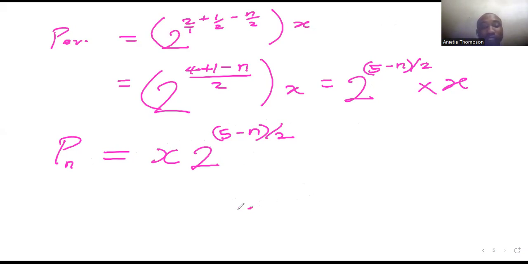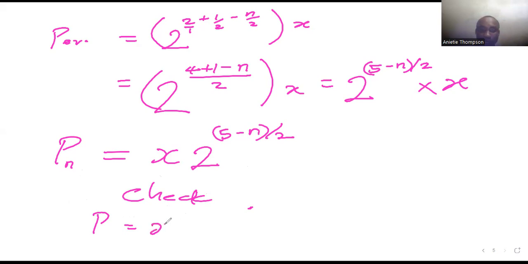And you can check if x is 1, if you want to do a quick check. That means if you have n equals to 1, the square is 1 square. Perimeter of 1 square, that means this place is going to be 1.